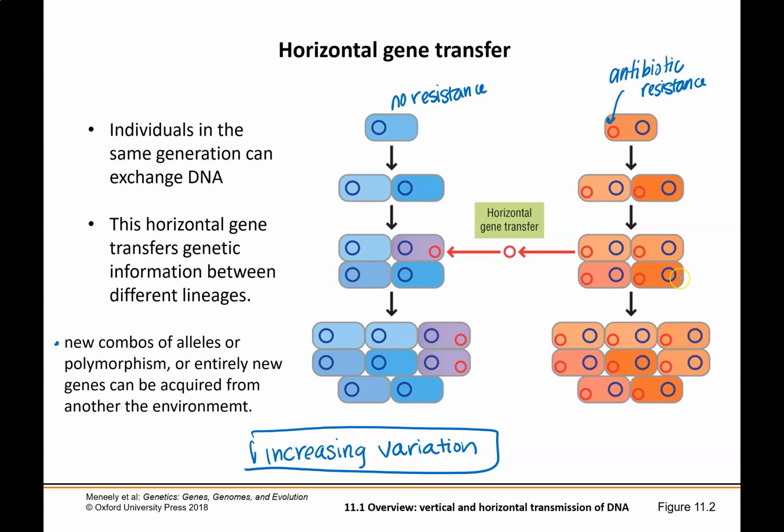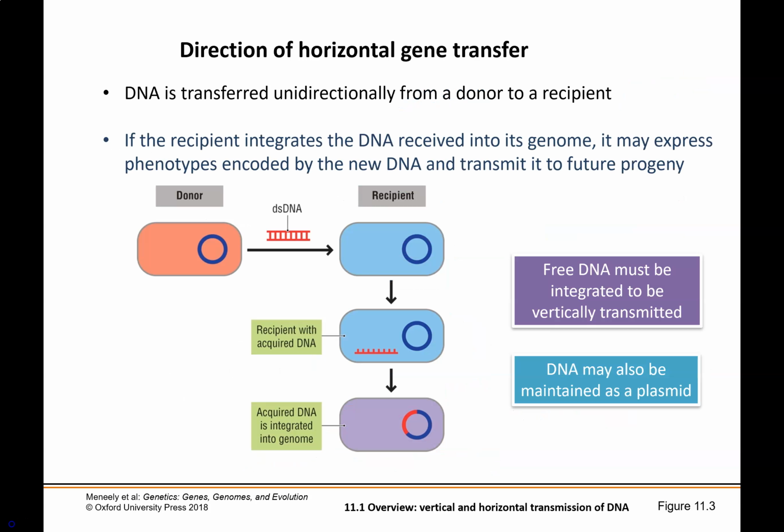But let's say that this orange population happens to come in contact with the blue population and the gene is transferred horizontally from one to the other. Now, these organisms that have this new information are now going to encode that antibiotic resistance as well. And so while this is not beneficial to the human population, it's beneficial to that bacterial population because they have acquired this new variation that has allowed them to compete within their environment.